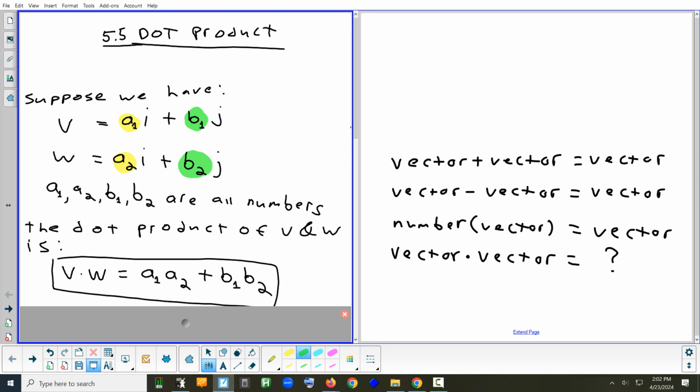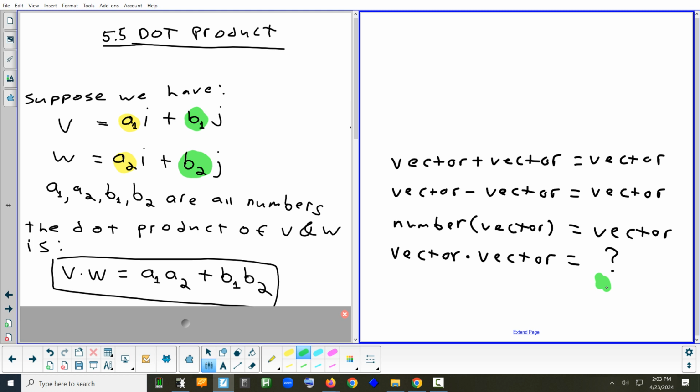A1 and A2 are numbers. What do you get if you do a number times a number? A number. And then B1 times B2, that's a number times a number, which is going to be another number. And what do you get if you add a number to a number? A number. So that's what the dot product gives you. It gives you a number.